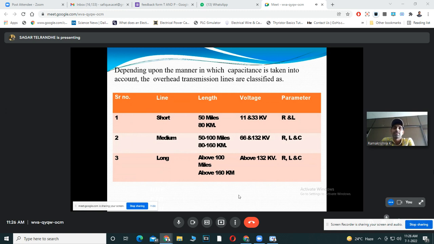In order to calculate these parameters, it becomes very necessary for the contractor to calculate the load that will be fed by the transmission line. Along with it, we have to also keep in mind the resistive, inductive, and capacitive effect of the transmission line.